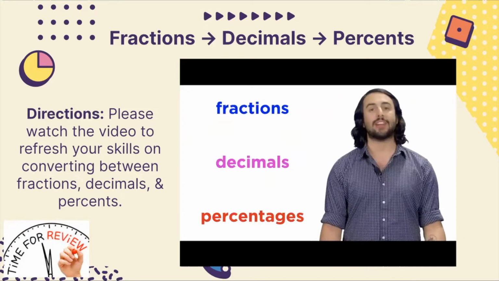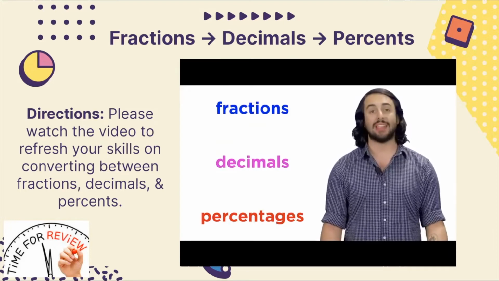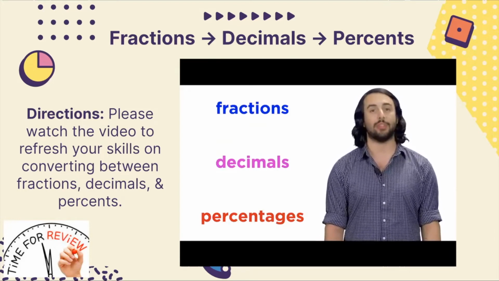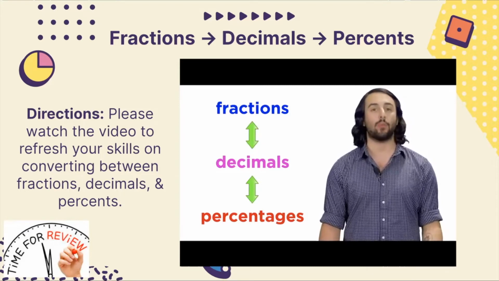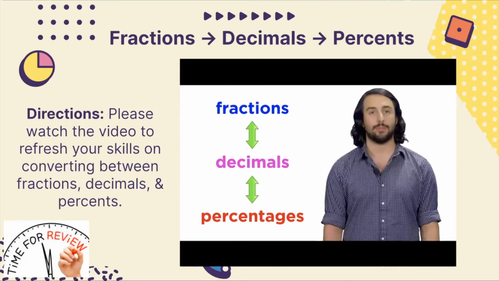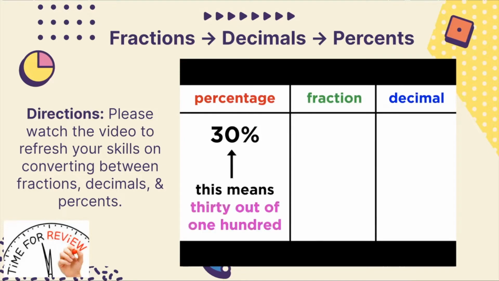We've learned about fractions, decimals, and percentages, and we've seen how we can use any of these to represent the same value. So we certainly must be able to convert between these different ways of representing numbers. Let's take something like 30%. It's very easy to convert this to a fraction because we know that percentages are out of 100.